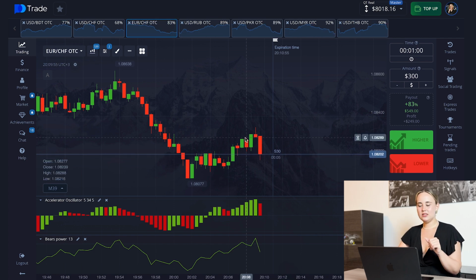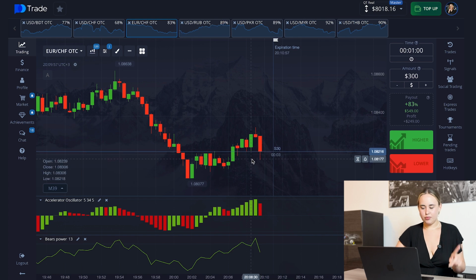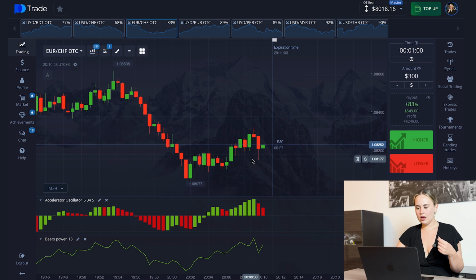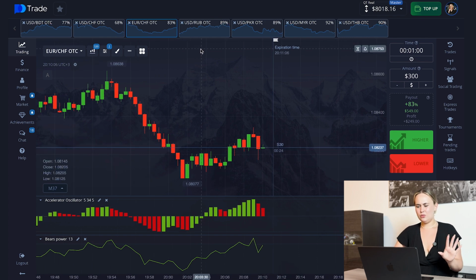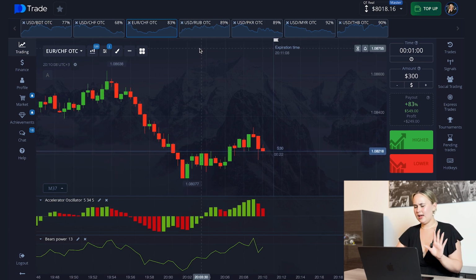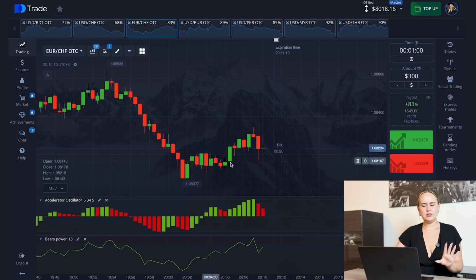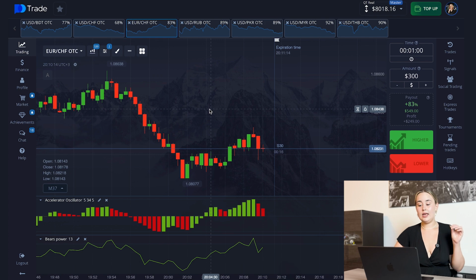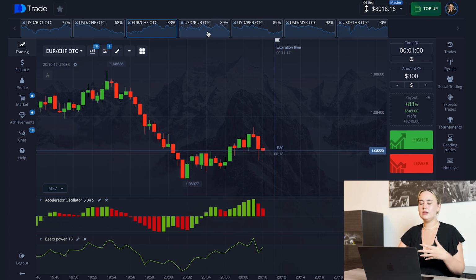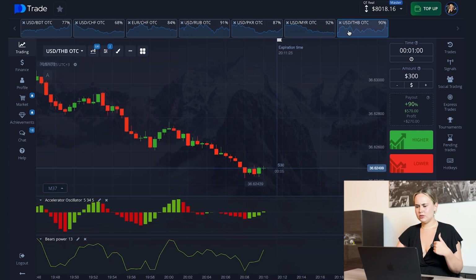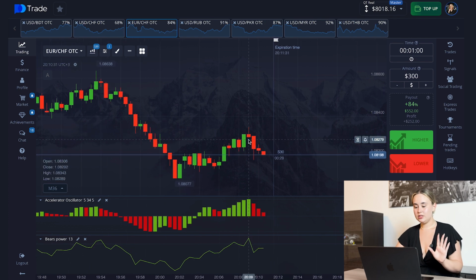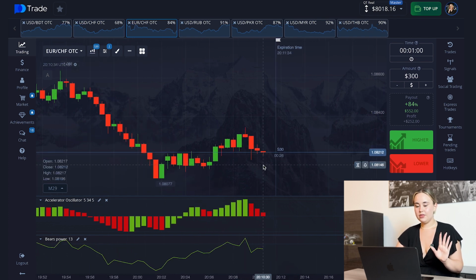The situation looks almost similar to the previous one, so I think we're not going to work with this one as beginners either. The price is stable in this zone, and it's hard to make any predictions based on our skills. As you can see, they are all pretty much unstable right now, but let's go back to this one. I think we can work with this one.